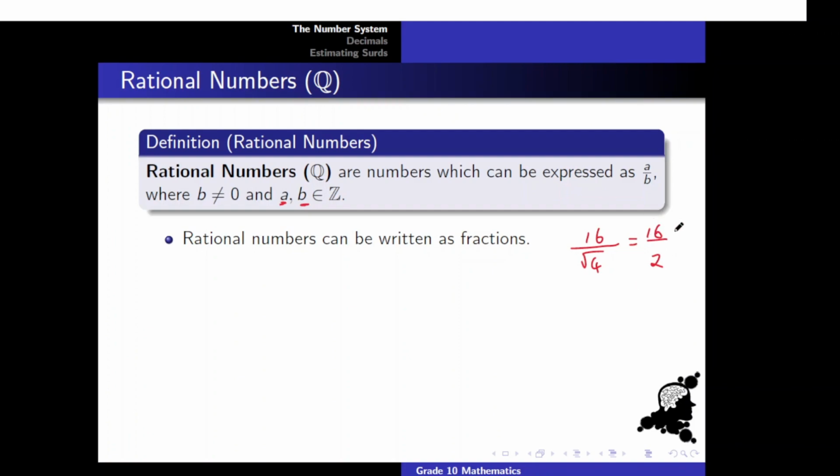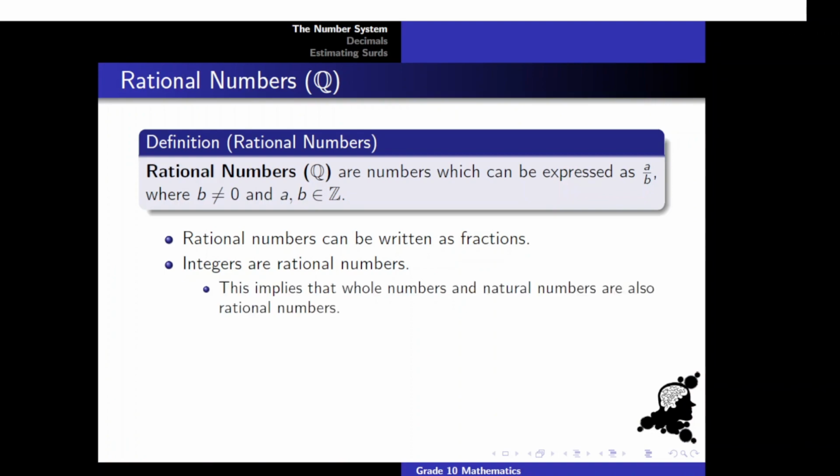Already this is a fraction, with integers on top and bottom, therefore this is a rational number. However, if I have 5 divided by the square root of 7, the square root of 7 is a decimal. Because this is a decimal, this whole fraction does not count as a rational number anymore. Please take note of this.